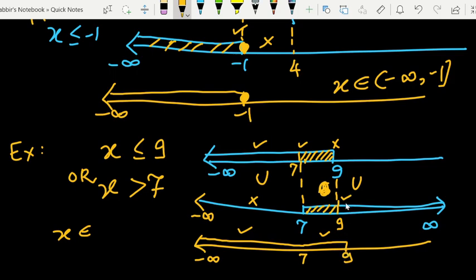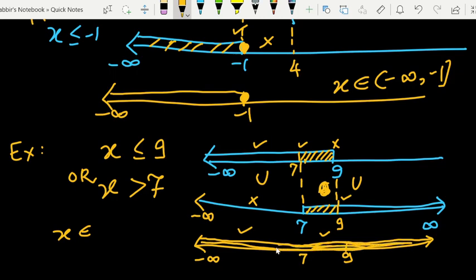Since 9 is a part of this, we will take it. And from 9 to infinity we will also take, so it will be the entire number line, guys.